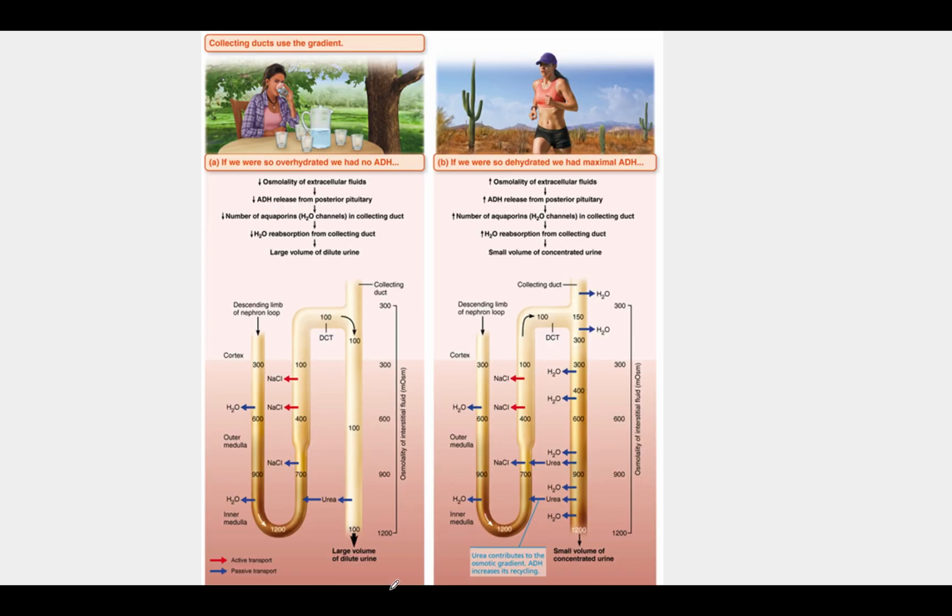Now let's take a look at ADH. ADH is a hormone that helps the secretion of urine. So I'll be talking about what happens when ADH isn't present, and then what happens when ADH is present. So right here we have the loop of Henle, and then if you keep on following it, we have what is called the collecting duct.